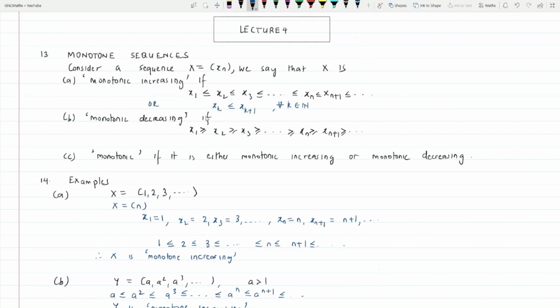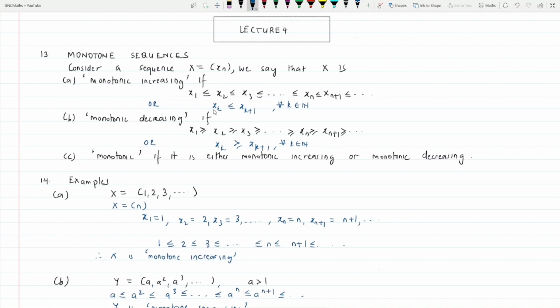Now talking about monotonic decreasing, we have x1 greater than or equal to x2. As we move to the right, for higher values of n, the term values of the sequence become smaller and smaller. That is, xk is greater than or equal to xk plus 1 for every k natural. So we are going to use the comparison.